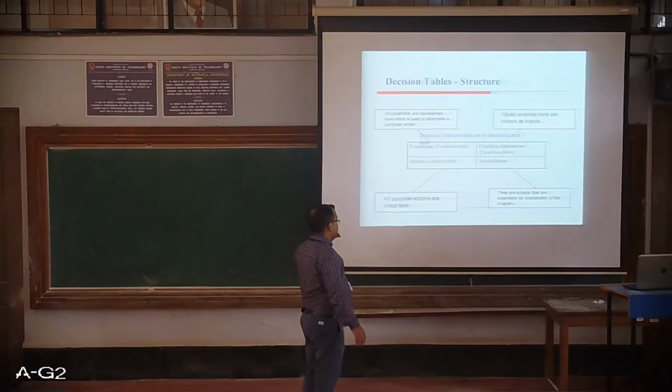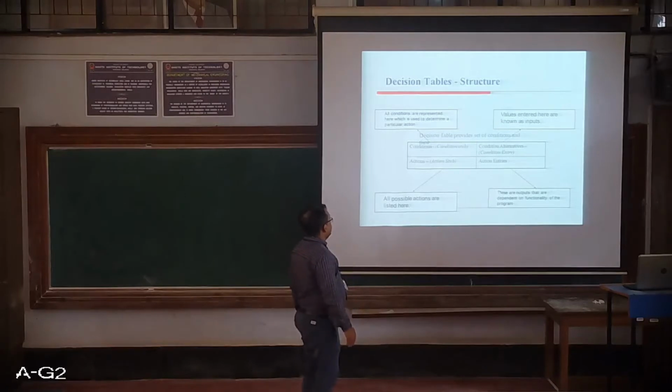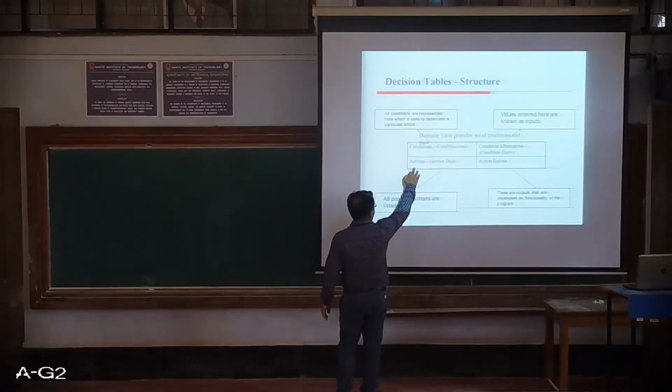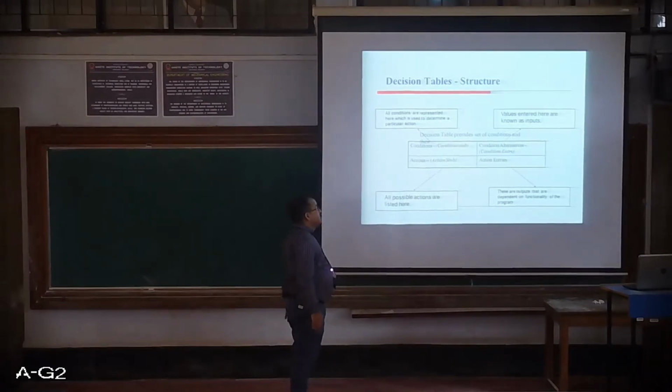The values entered as the inputs for the conditions are given in the condition alternatives on the right top corner. Similarly, the left down corner holds the action stubs. All possible actions given the conditions above are listed here.